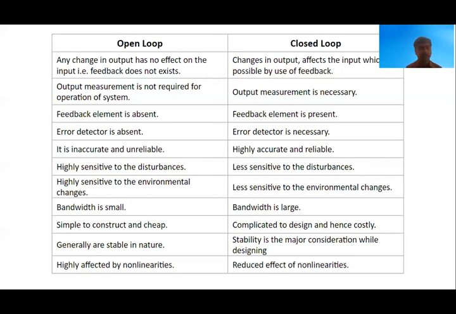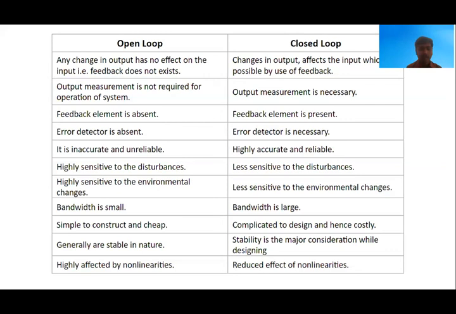In the open loop control system, once we give the input, it will deliver the same output always, and there is no change in the output variable. The bandwidth is very small. Whereas in the closed loop control system, due to the dynamic action of the system, the bandwidth is very large.